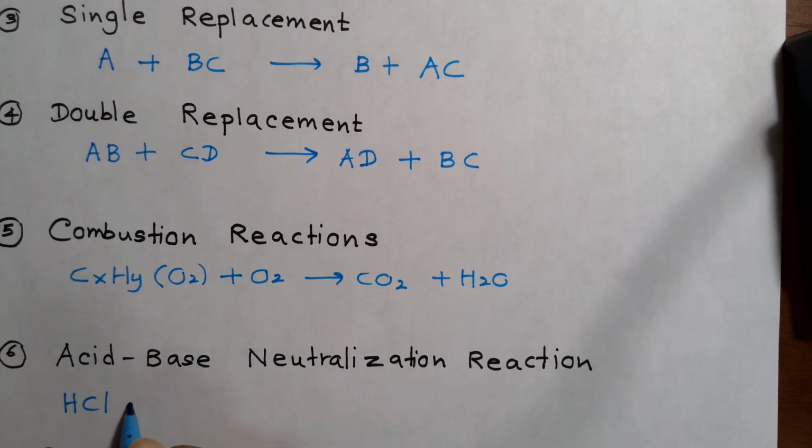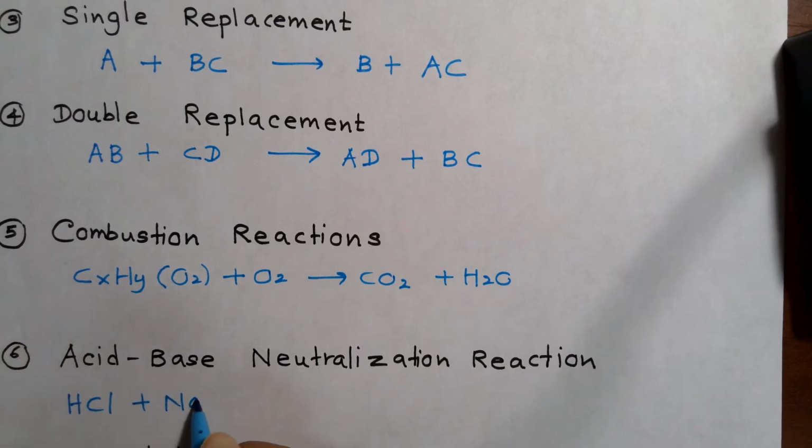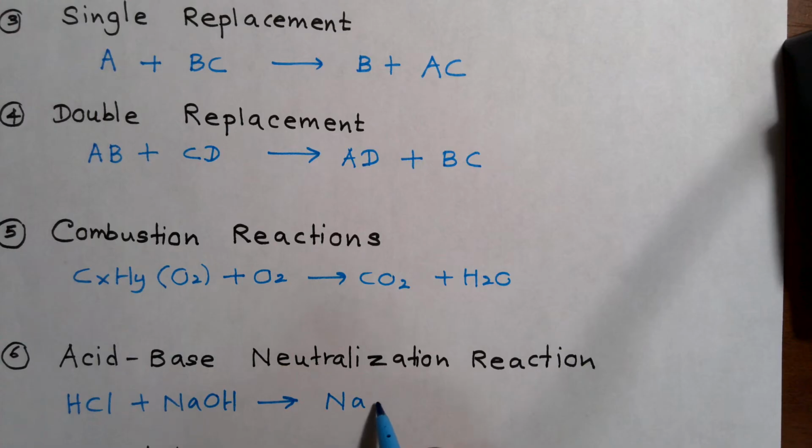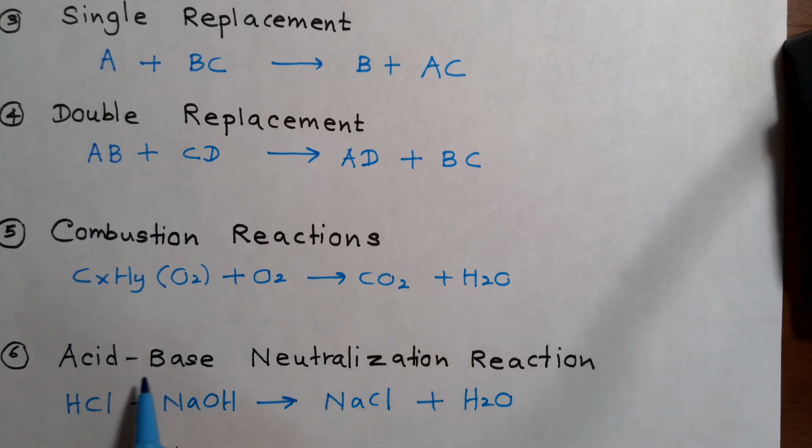HCl is the acid, reacting with sodium hydroxide, which is a base. Acid plus base react to form NaCl, which is salt, plus H2O, water. Any acid plus base, the product should be salt and water.